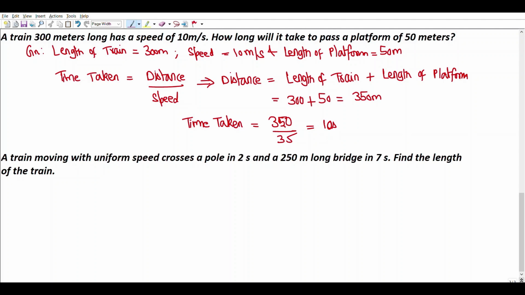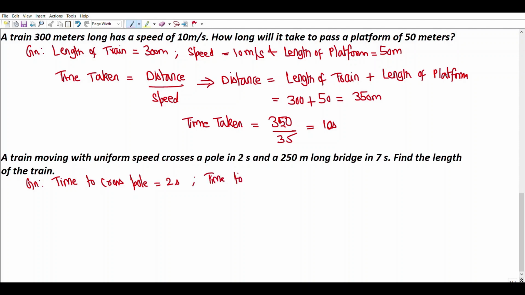A train moving with uniform speed crosses a pole in 2 seconds and a 250-meter long bridge in 7 seconds. Find the length of the train. So from the question, we can understand that time to cross pole is equal to 2 seconds.